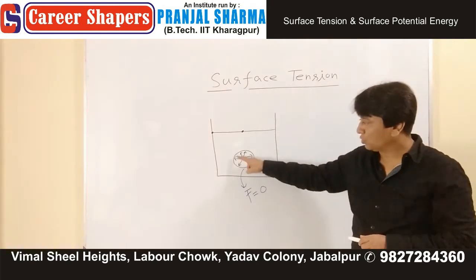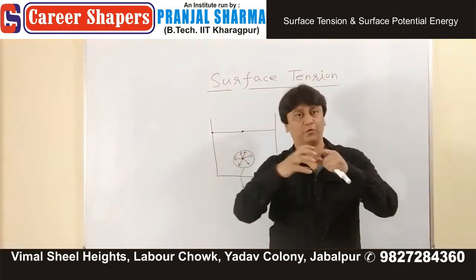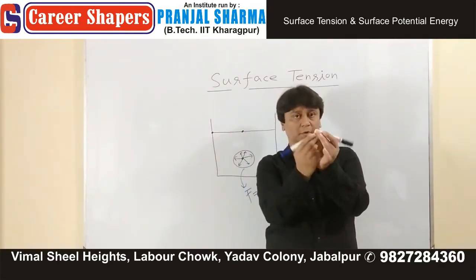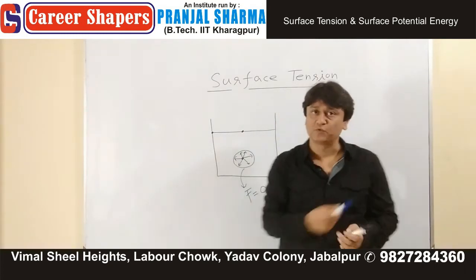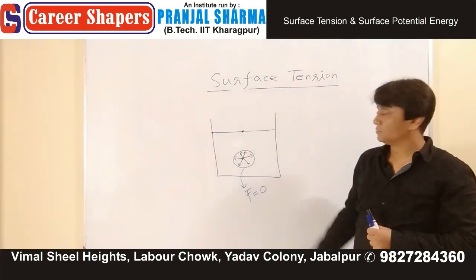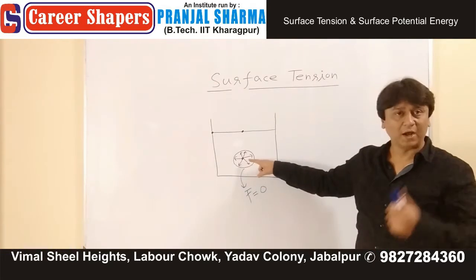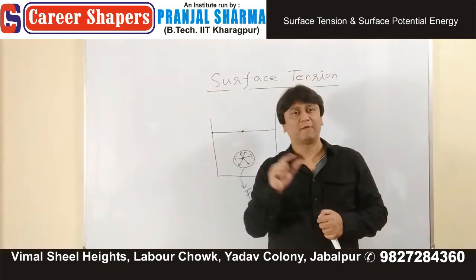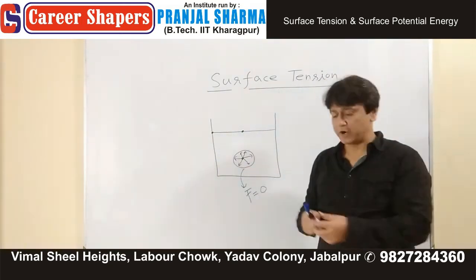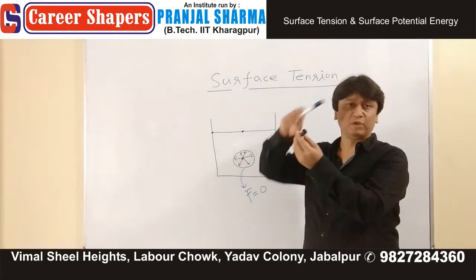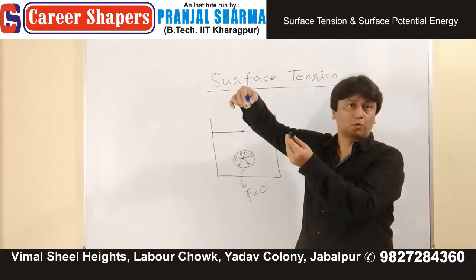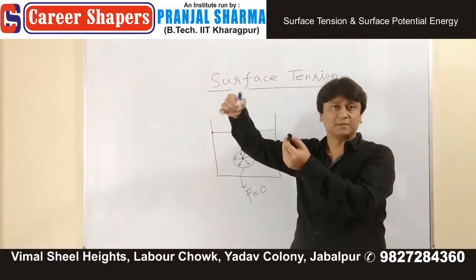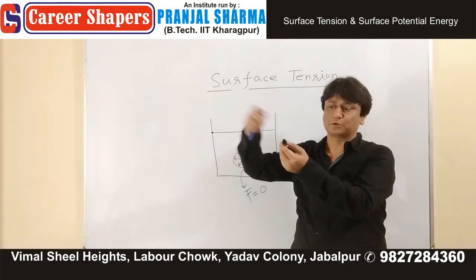The force coming from all around it, that force is same. Not in 2D, in 3D as well. Just consider a sphere. Why a sphere? These intermolecular forces, they are effective up to a particular range. Just for understanding, suppose this is one molecule and we say that all the molecules up to this radius can exert some amount of force on this.